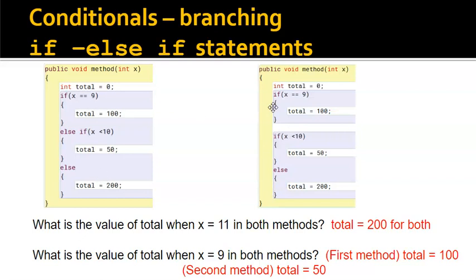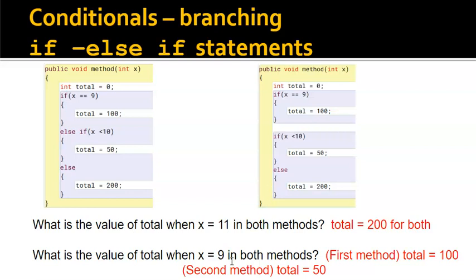Here in the second method, we're asking two different questions. Is it equal to 9? When x is equal to 11, we would say, no, that's not equal to 9, so therefore our total is not 100. But then it's asking another question. Well, okay, then is it less than 10? Which is also no, but instead of jumping out completely, we would go to our else statement, which would then assign total equal to 200.